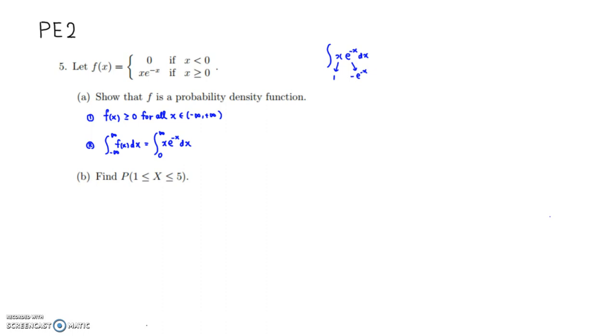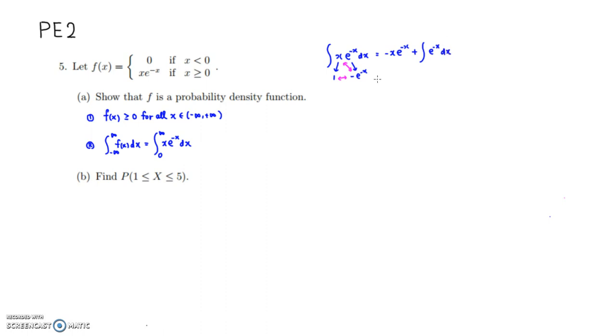Multiplying this way gives the first term, negative x e to the negative x. Then minus, you multiply sideways, but there's a negative sign, so I can turn this into a positive sign. Then you have the integral of e to the negative x dx.